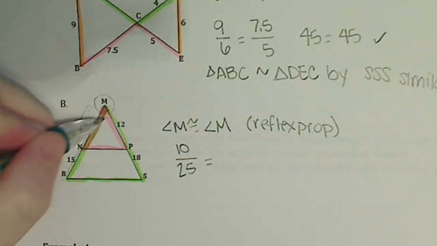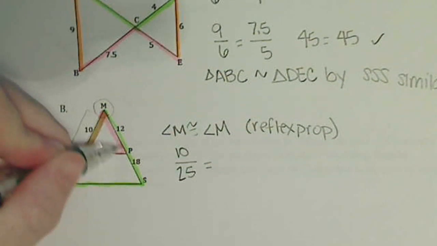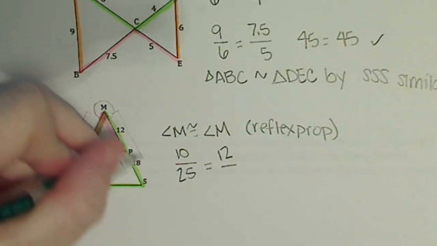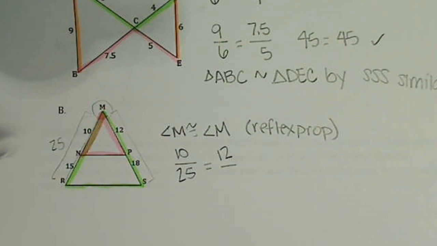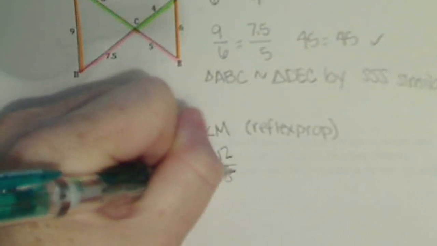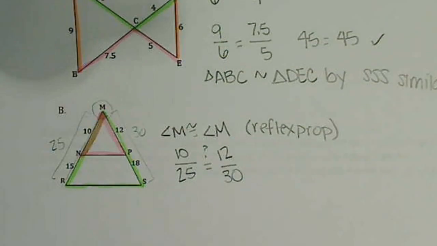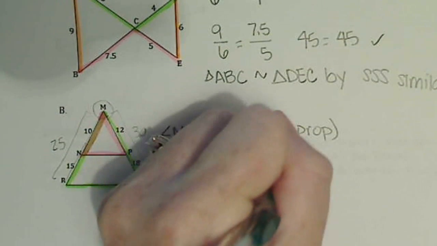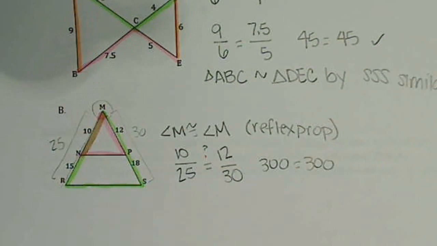Is it proportional to these lengths? 12. And then how long is this whole side over here? It's 30. Are those proportional? Does 300 equal 300? Yep.